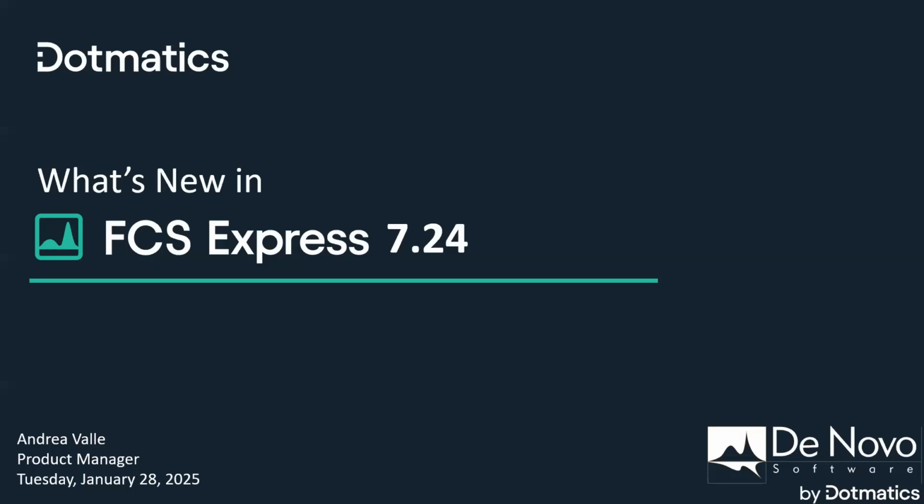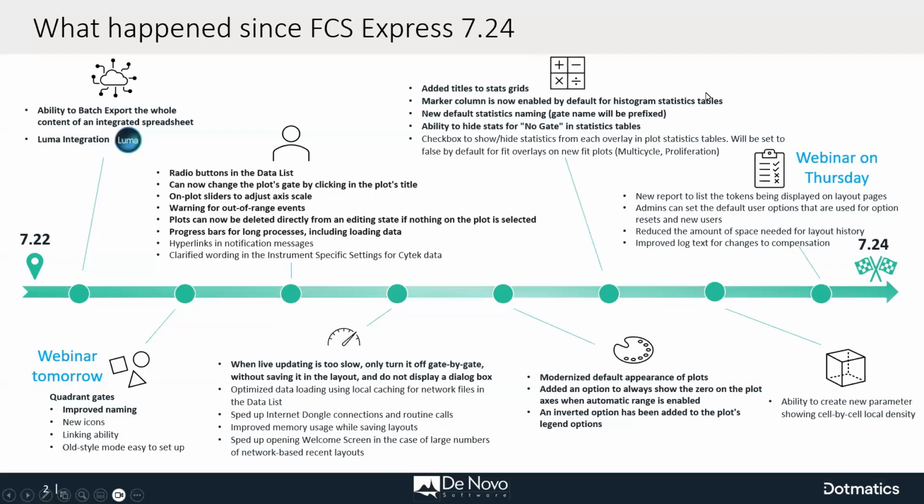For example, tomorrow we will have a webinar specifically devoted to highlights on quadrants. So I will just give you some overview on that one. And then I have selected a bunch of topics that I want to touch with you tonight. I try to categorize them in different areas.